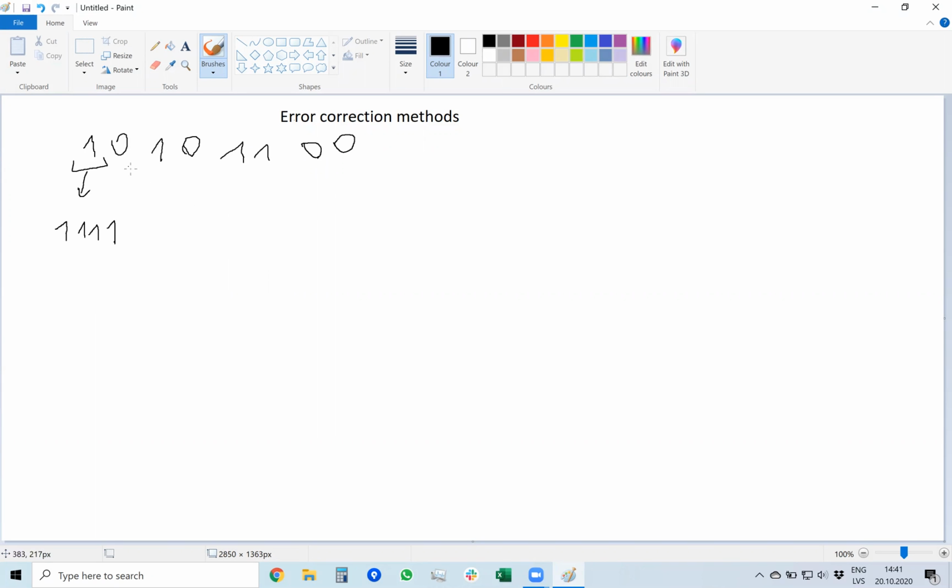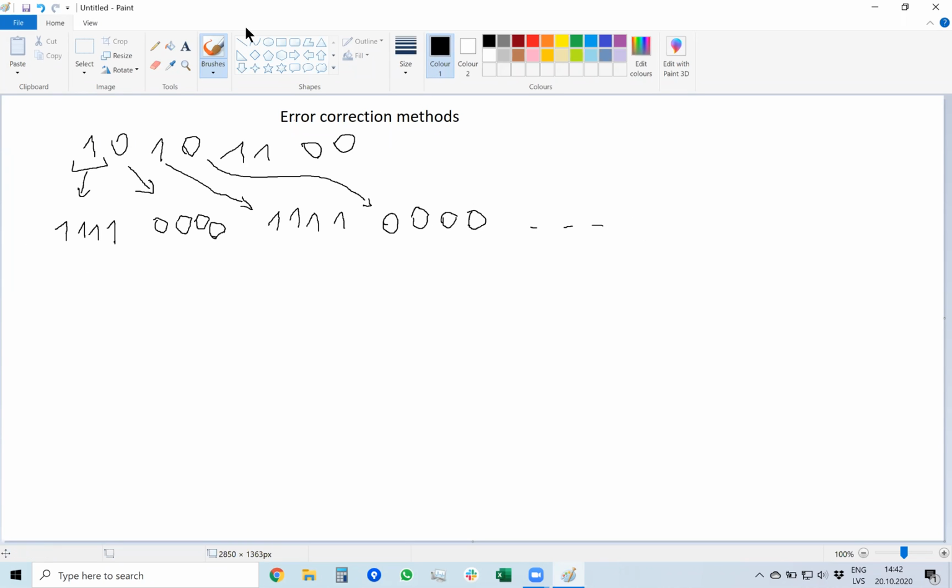And instead of sending 0, you will send 4 zeros, 0000, and so on for every bit. So this 1 turns into 1111, and this 0 turns into 0000, and so on.